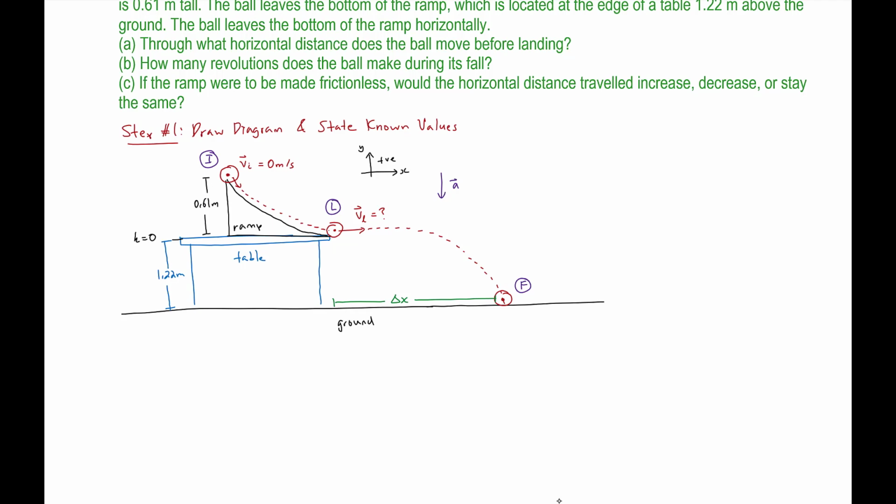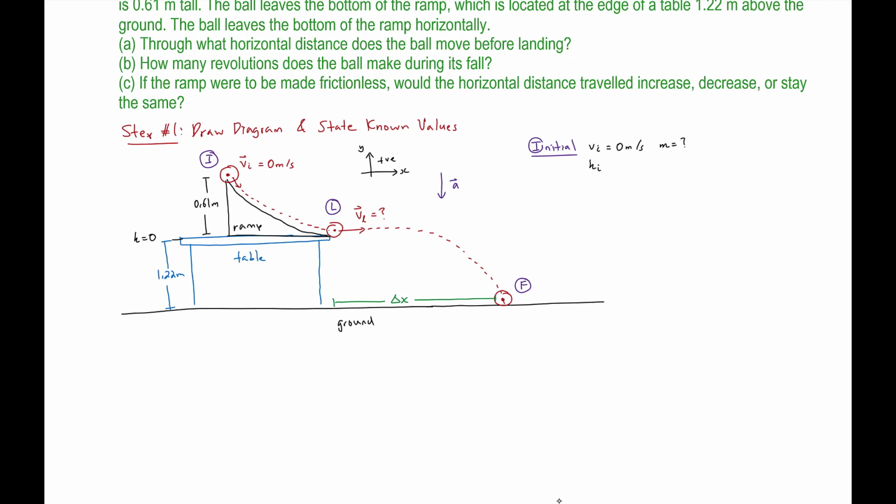We do have to state our known values now, so let's clarify all of them over here. We have our initial stage, and that means we have an initial release speed of 0 meters per second. We don't really have the mass of the ball, so we'll put a question mark here.